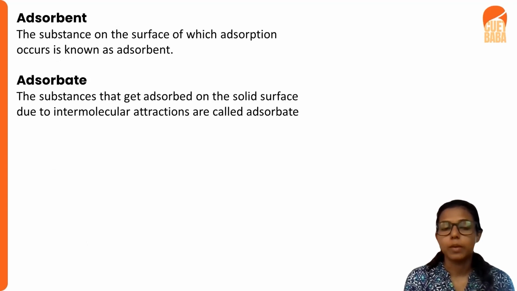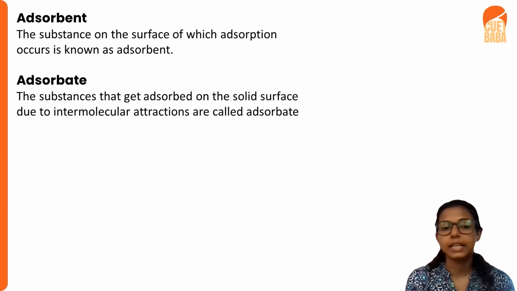What is an adsorbent? The substance on the surface of which adsorption occurs is known as adsorbent. The substance on which a certain other substance will get adsorbed is called adsorbent. And what is adsorbate?